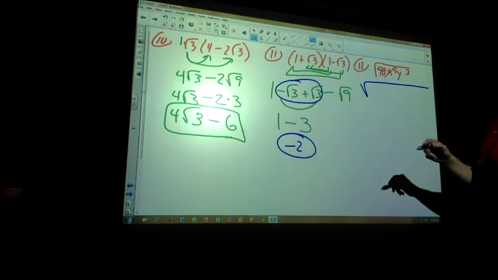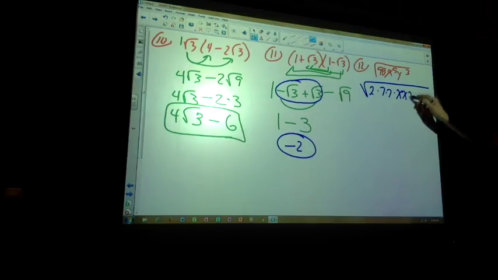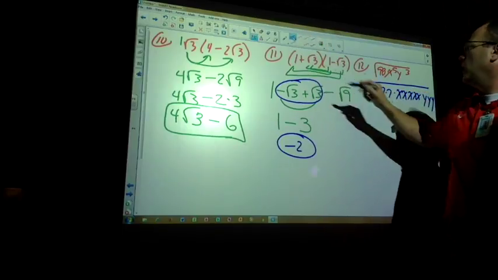Let's break this down. This is one of those where we're looking to group. 2 times 49. 49 breaks down to 7 times 7. And then I get 2, 3, 4, 5, and then 1, 2, 3. Looking for pairs, right?